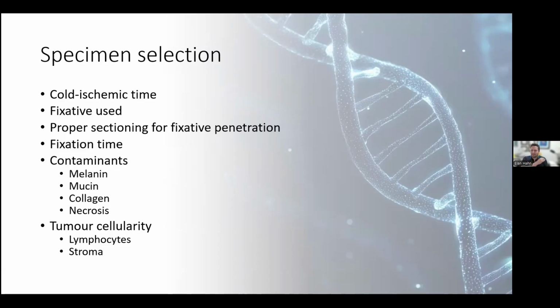There are certain things that make it more likely to work or more ideal as a choice if there are options for molecular testing, and certain things that make it less optimal. Cold ischemic time would make it less optimal if it's too long. Fixative use is important to be aware of, decalcifying solutions specifically.